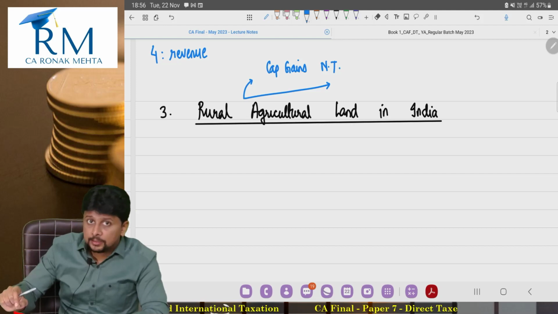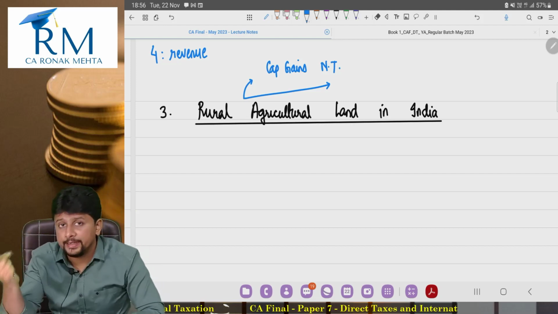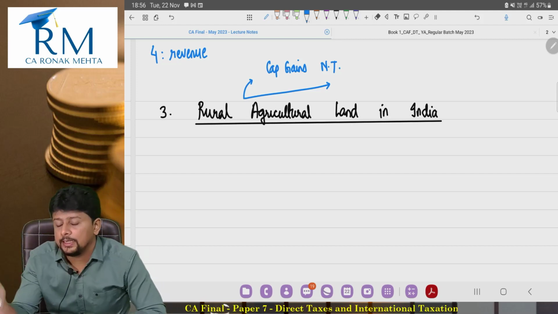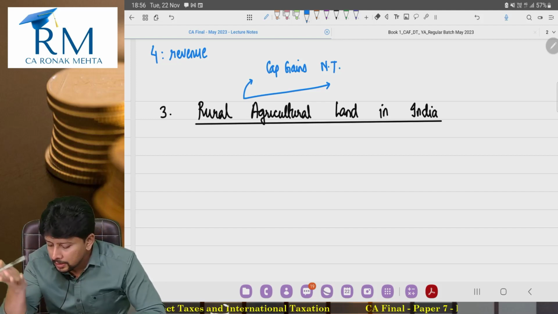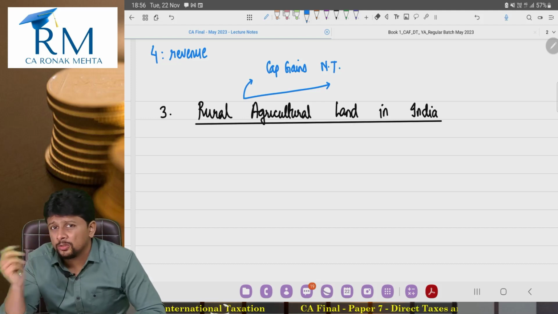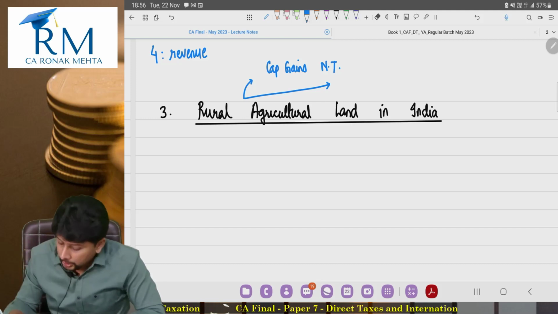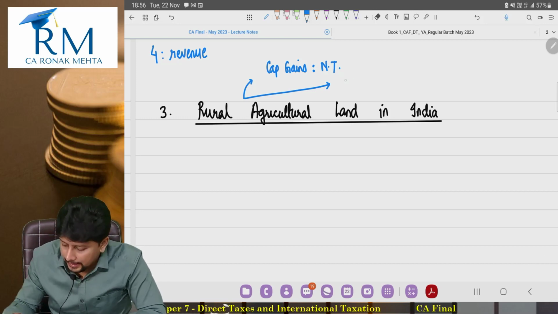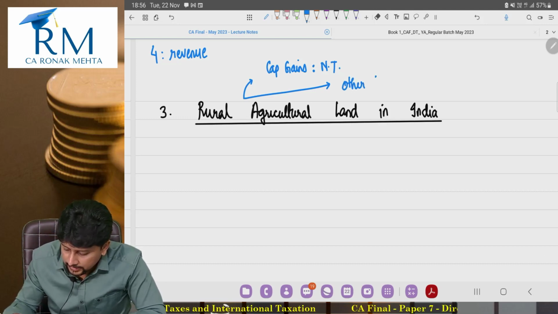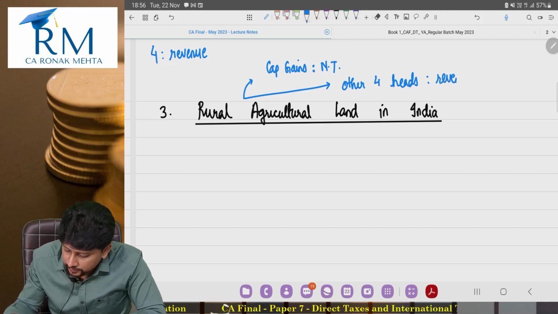So this income, if at all it is possible to tax, it can be taxed under capital gains. But this is an exception to the definition of capital asset. So capital gains is not applicable. And if capital gain is not applicable, the other 4 heads of income are anyways revenue in nature.